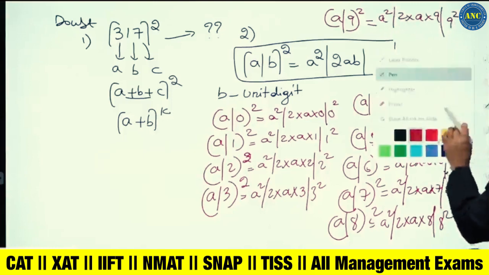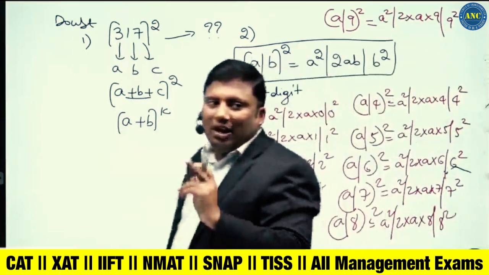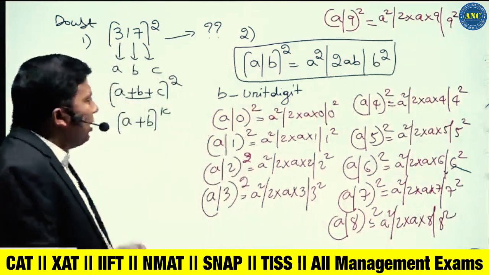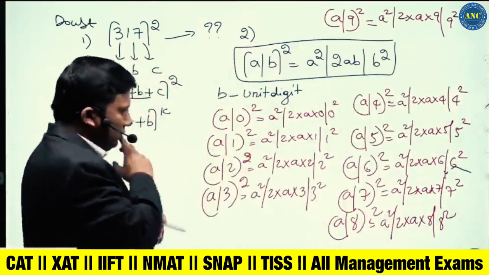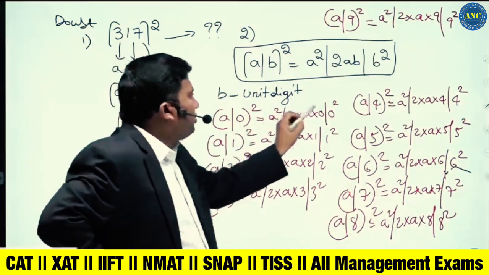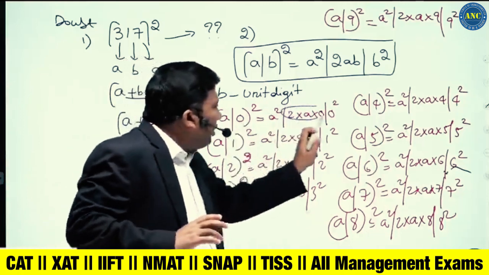Why am I writing all this? This is very, very important to me. B is the unit digit, so B can take all the values from 0 to 9. 0 into any number is 0.